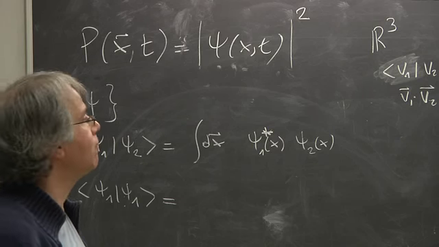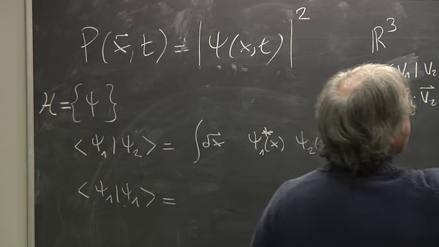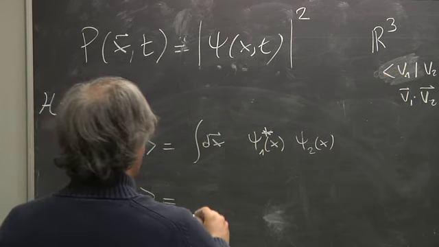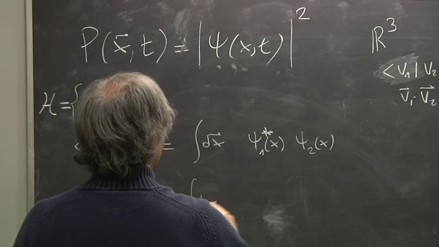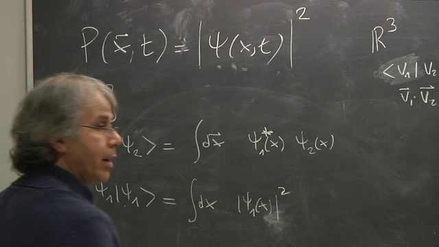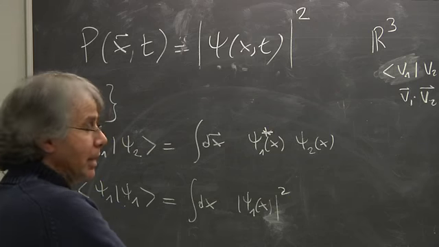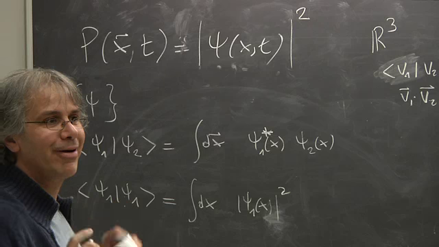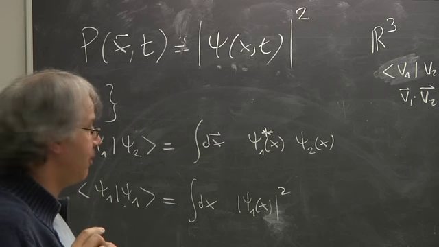For a vector it is obvious: the square is a real number, and that is the length, the Euclidean length. In this case, if I put the star, this becomes the integral over x of psi1 of x modulo square, which is real and positive, and therefore it's reasonable to call this the length of the function, the norm of the function.